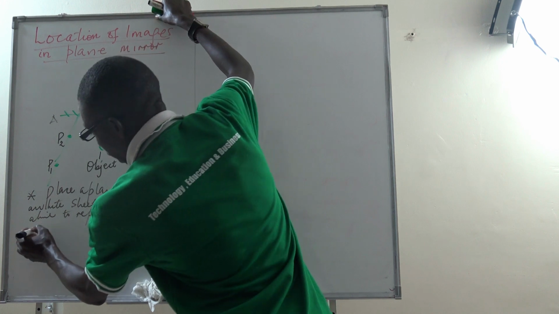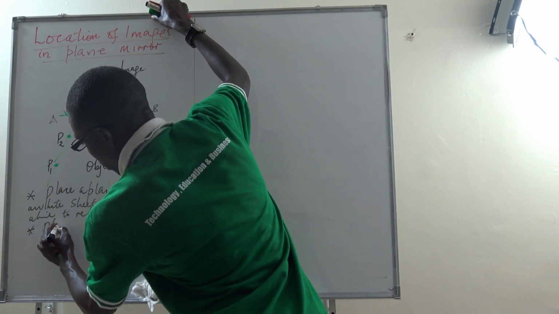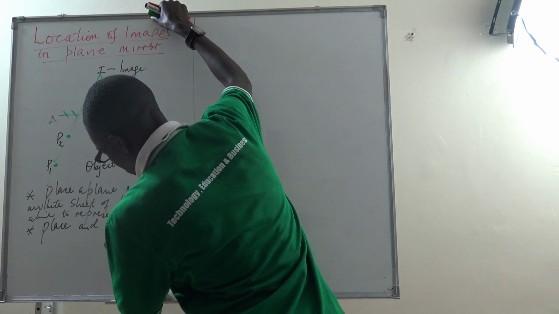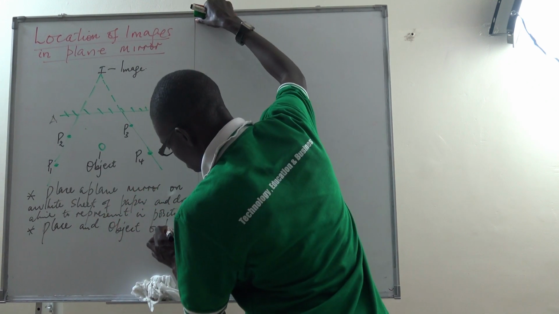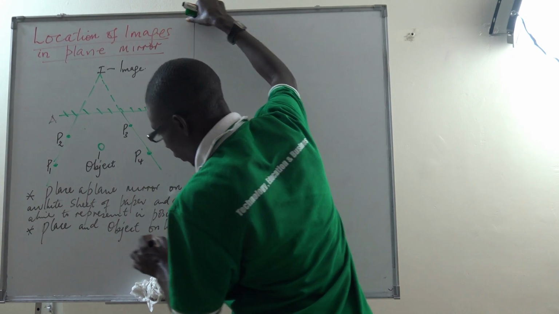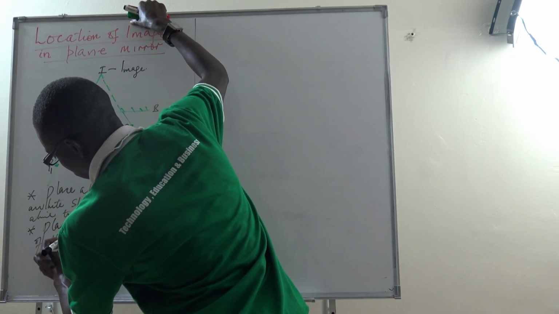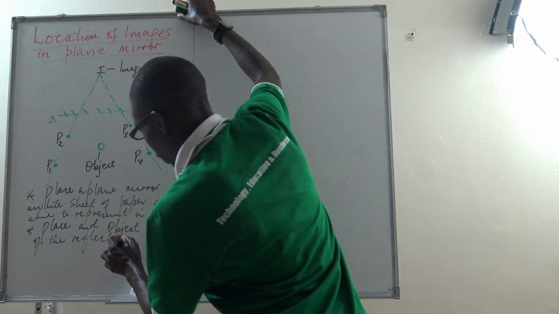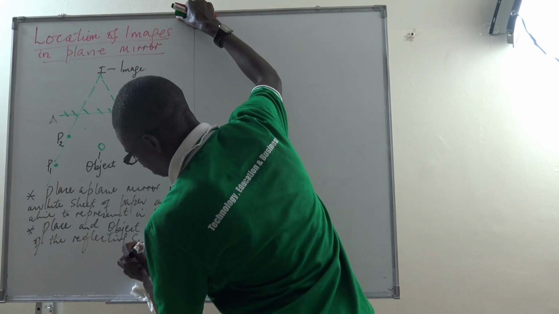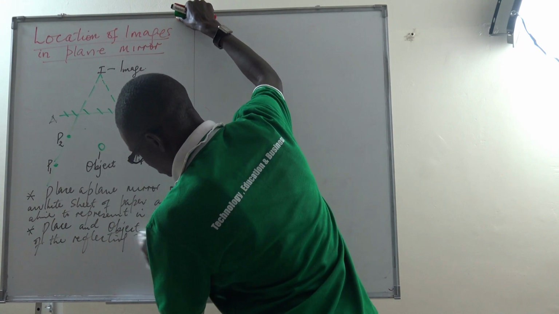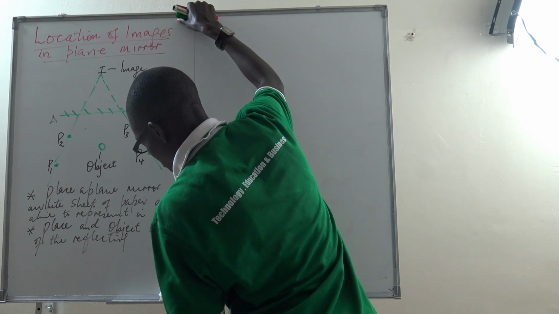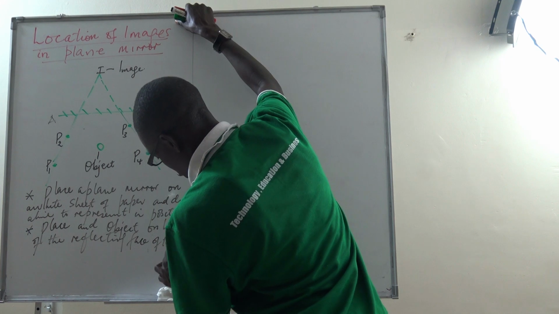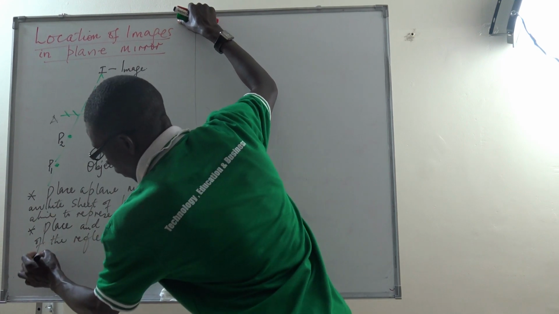And then next I can say place an object in front of the reflecting surface, reflecting face of the plane mirror.